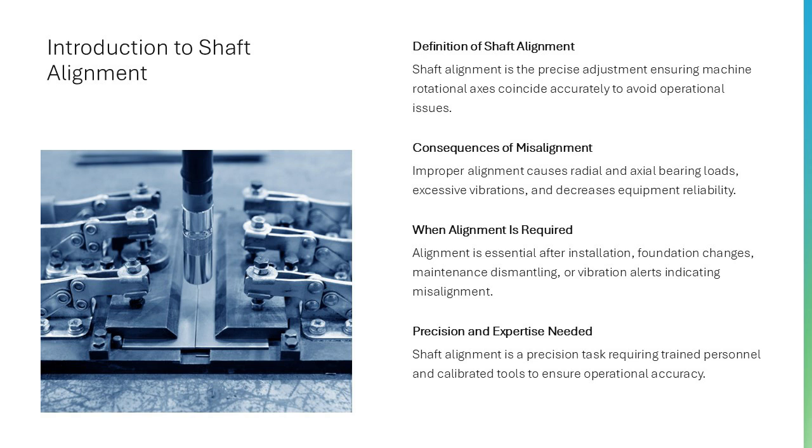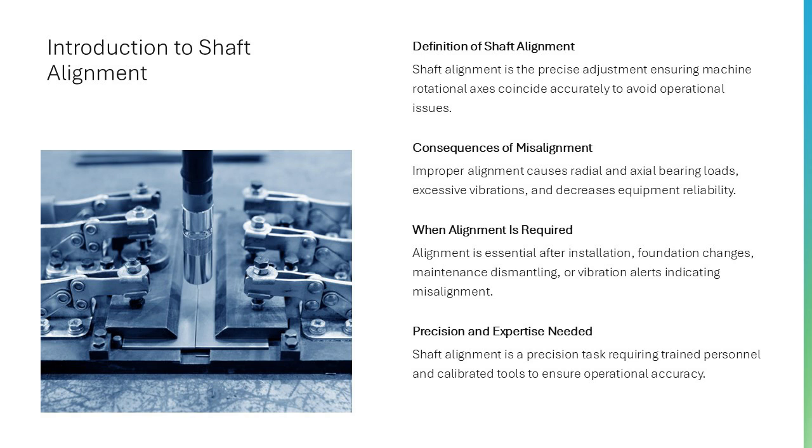Shaft alignment refers to the precise adjustment of machine components so their rotational axes coincide. This slide explains how improper alignment contributes to radial and axial loading of bearings, excessive vibration levels, and reduced equipment reliability. Shaft alignment is necessary whenever machines are installed, after foundation changes, following maintenance activities involving dismantling, or when vibration data indicates potential misalignment.